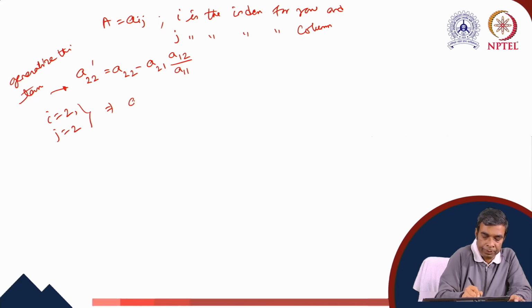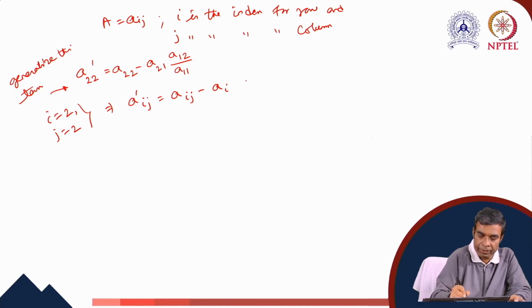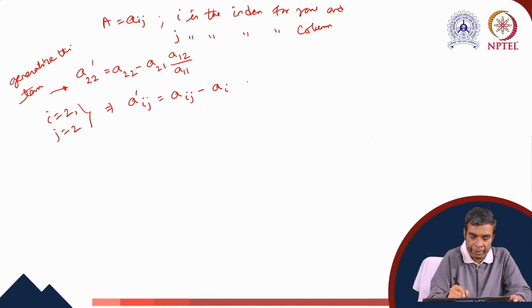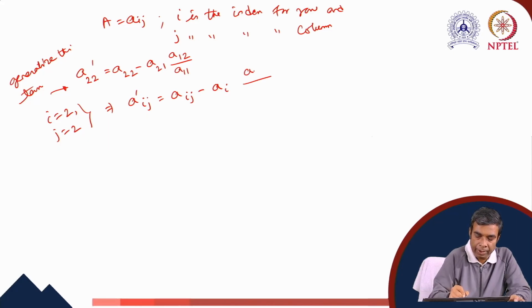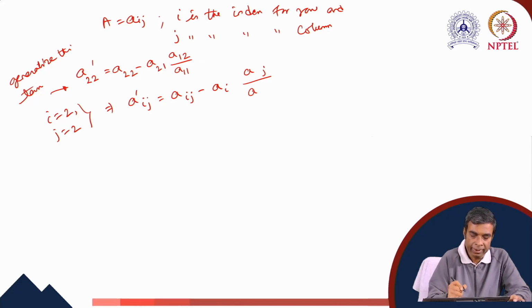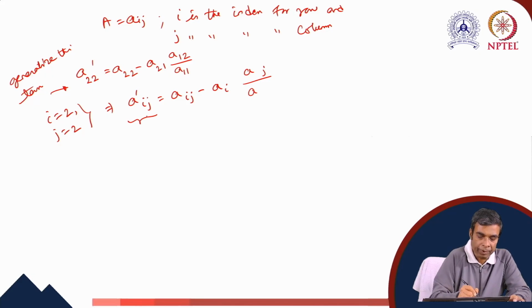This gives us Aij' equals Aij minus Ai, we keep the space for index 1 as blank for the time being, and then we go for A, again we keep the index 1 as blank, and then we have 2 for j, and then we keep the denominator as A. Now the first portion A'ij, in this case i and j act as free indices.